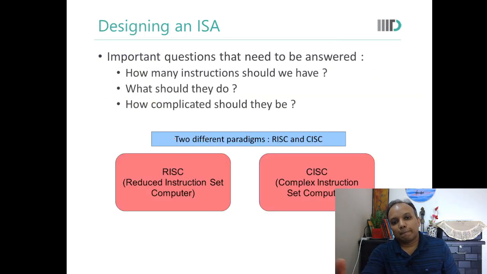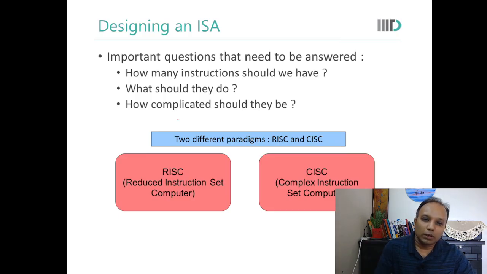So, now we come to RISC versus CISC. You have different choices while designing an ISA. For example, how many instructions should you have, what should they do, what kind of tasks should they do? Do they do only generic tasks, or can they do some specific tasks as well, and how complicated should they be? Depending on these factors, these two kinds of ISAs are available.